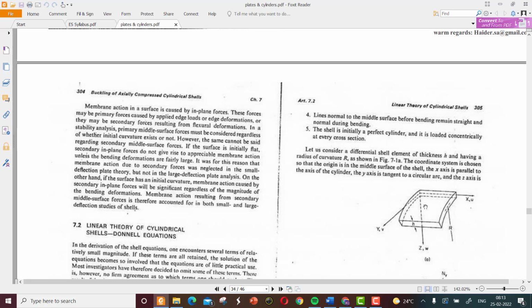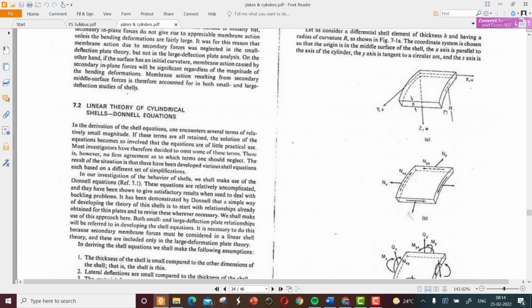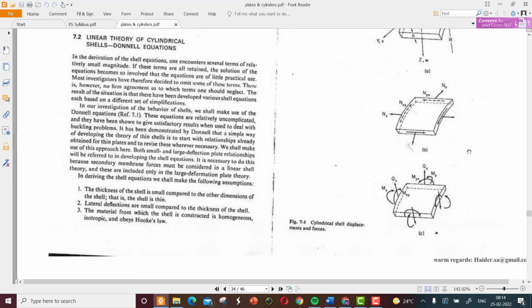So you can see here the part of the cylindrical shell, with the y axis perpendicular to the screen, and the Z is in line with the screen, and R is the radius of curvature, and the deformation in the x direction is termed as U. Deformation in the y direction is termed as V, and the shell has a thickness of H. Similarly, figure B shows the in-plane forces, and figure C shows the out of plane or transverse bending moment and the shear forces.